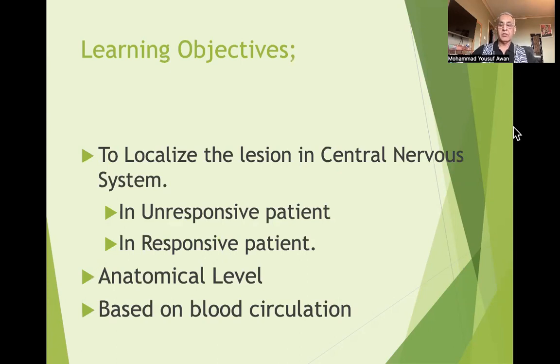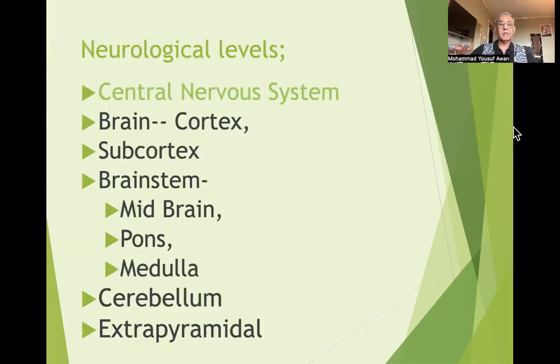The second part is localization of the lesion in a responsive or conscious patient. For this, we'll divide our discussion on localization into anatomical levels and based on blood circulation.